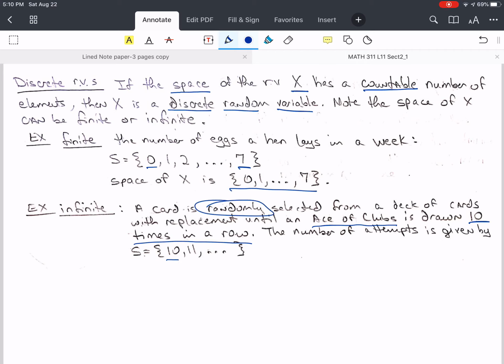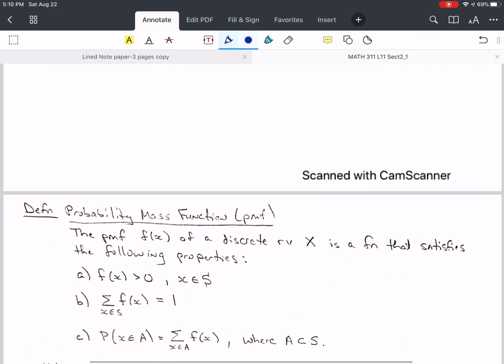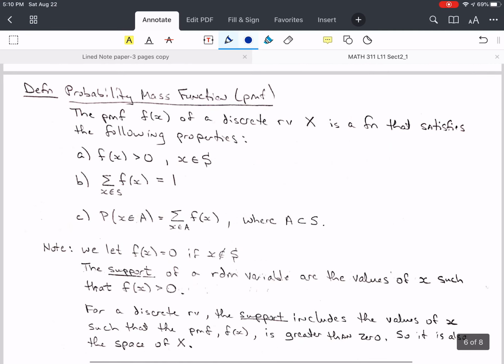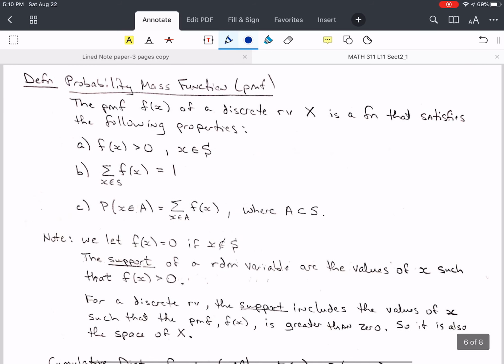First we can start with 10, since you have to draw at least 10 times to get 10 in a row. Then it could be 11, but this could go all the way up, and it could just keep going. If you could live forever, you could get to an infinitely large number of draws required before it happens. So that's an infinite space.